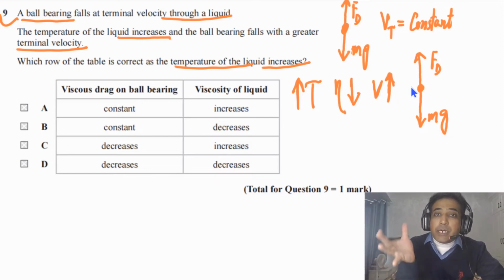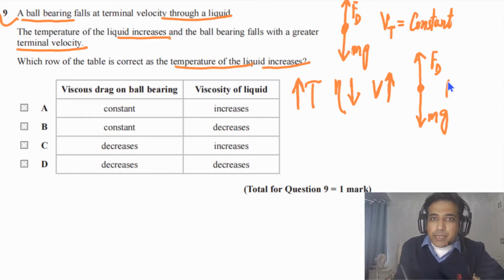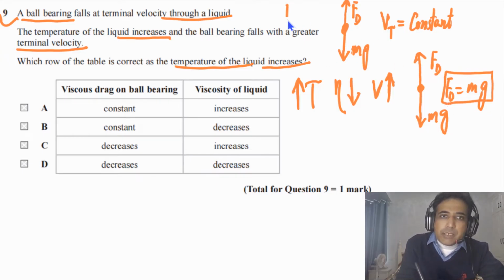It is falling again at constant velocity. It also means that these two forces are again equal. So Fd is equal to mg, and in the first case the drag force is also equal to mg. So it simply means that the viscous drag remains constant and the viscosity of the liquid decreases.